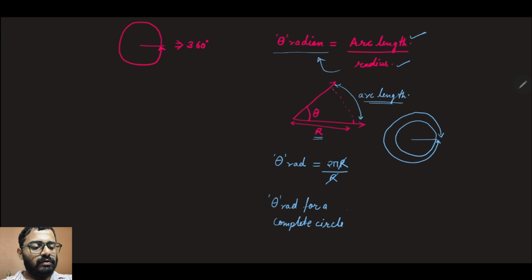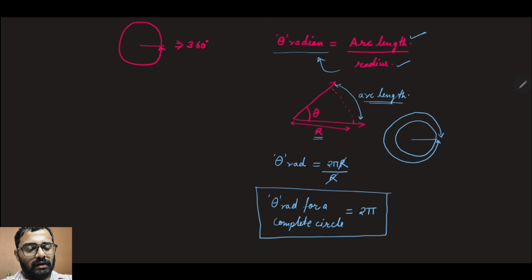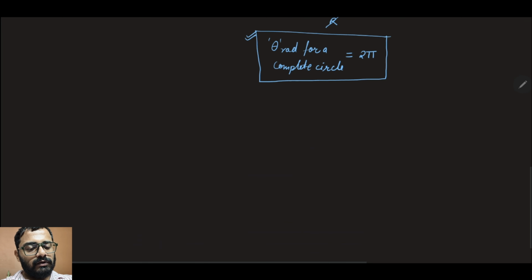So we can compare these two. Theta for a complete circle will be equal to 360 in degrees and 2 pi in radian. So we have this conversion factor also here.